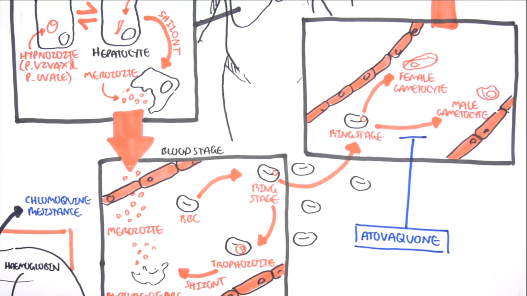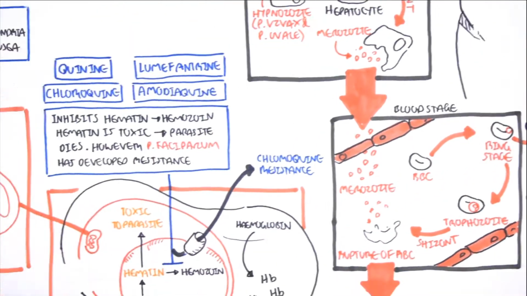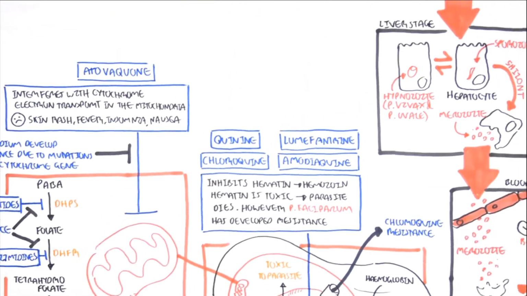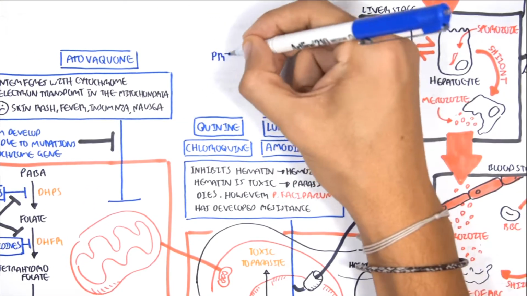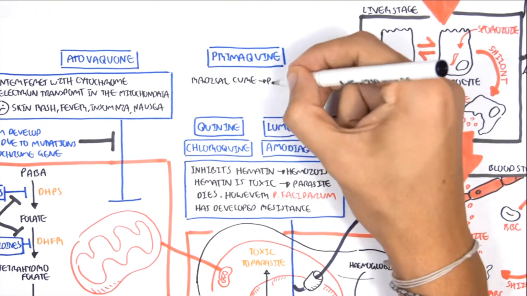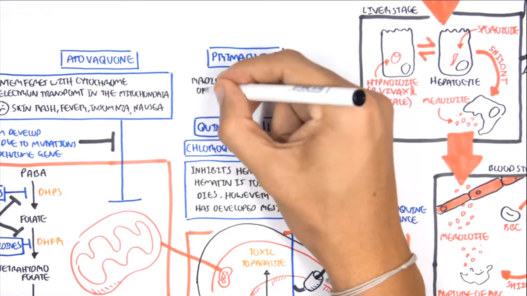There is another drug that targets the parasitic liver stage. This drug I'm talking about is called primaquine. Now, primaquine is a radical cure, and it prevents the relapse of latent liver hypnozoites.